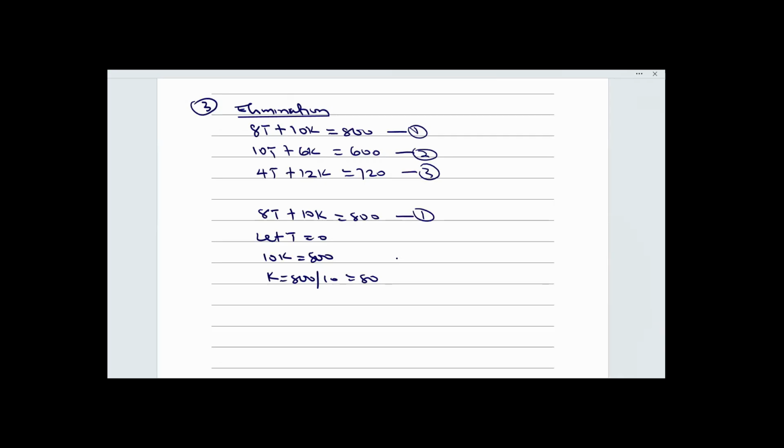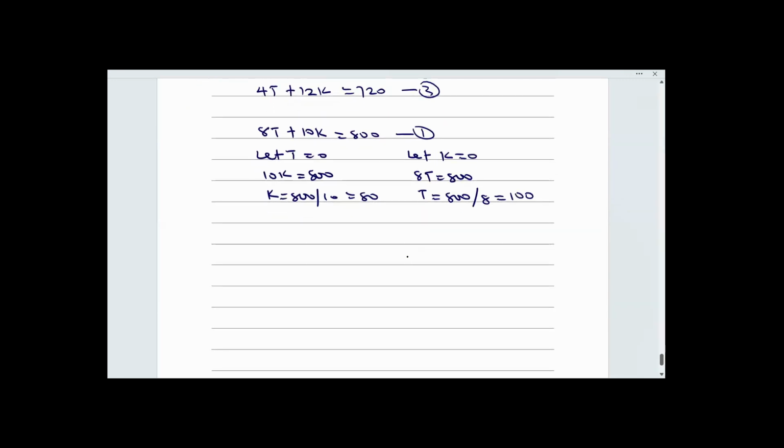All right. Then the other part, let K equal to 0. If K is equal to 0, then 8T will be equal to 800. Therefore, T will be equal to 800 divided by 8, which is equal to 100. I'm done with equation 1.